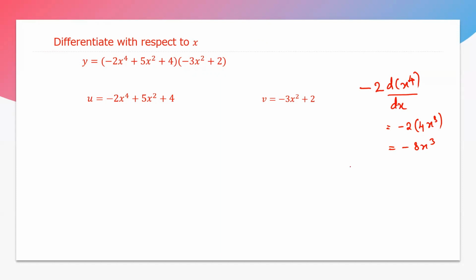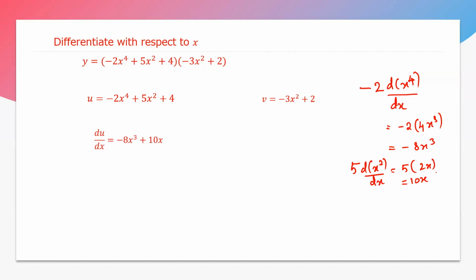Similarly, let's keep the constant multiple 5 and differentiate only x square with respect to x, which is equal to 5 into differentiation of x square is 2x, which is equal to 10x. And differentiation of 4 is 0. So du by dx is equal to minus 8x cube plus 10x.